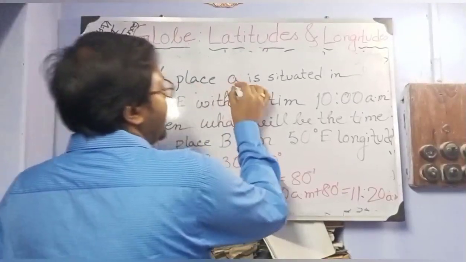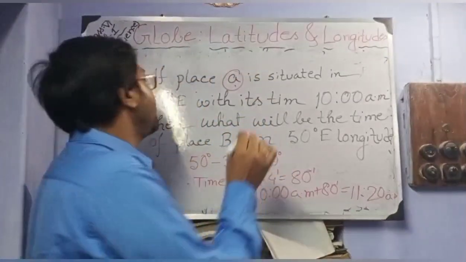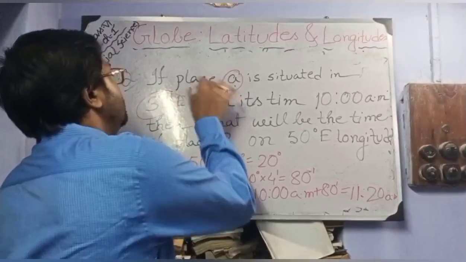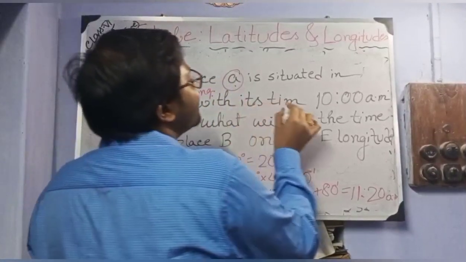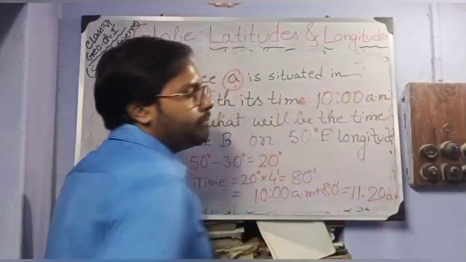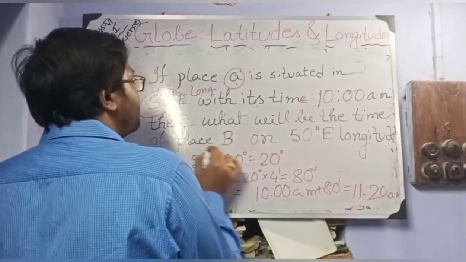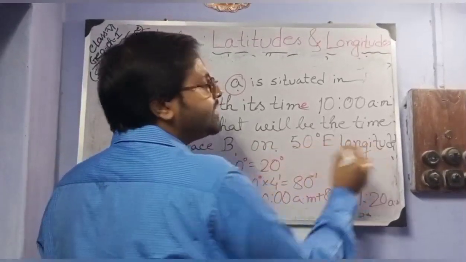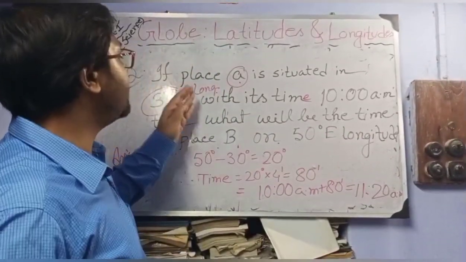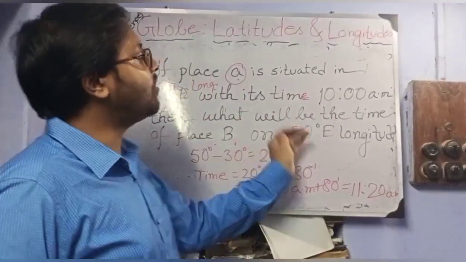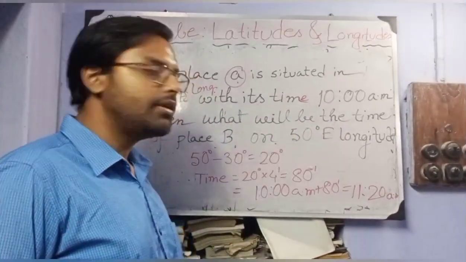If a place A is situated on 30 degree east longitude with its time 10 am, then what will be the time of a place B on 50 degree east longitude?